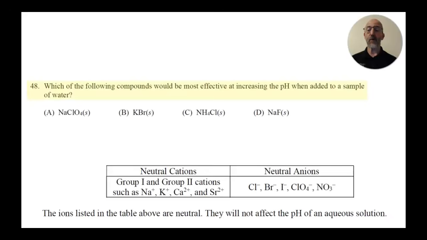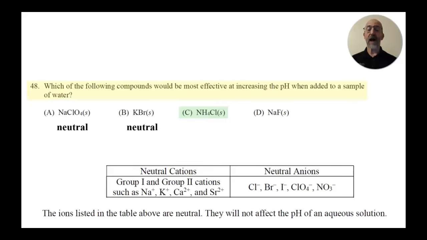Now the first chemical formula is sodium perchlorate. But since sodium is a neutral cation and perchlorate is a neutral anion, we can eliminate choice A because it's neutral. Moving on to choice B, I see potassium, which is neutral, and I see bromide, which is also neutral, so we can eliminate choice B. Now, moving on to choice C, this is ammonium chloride.